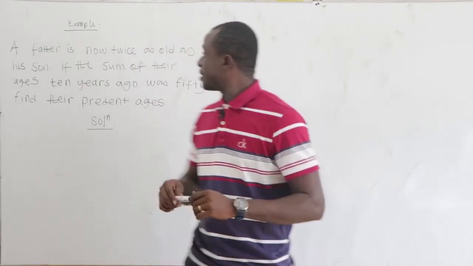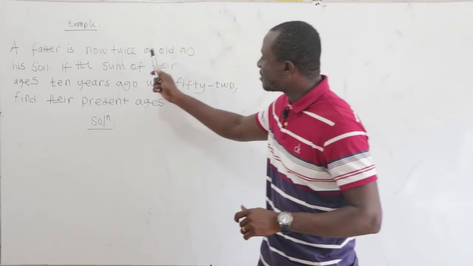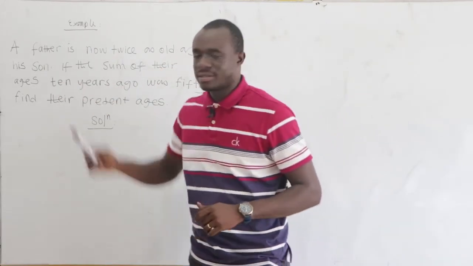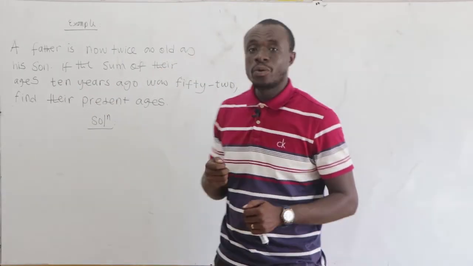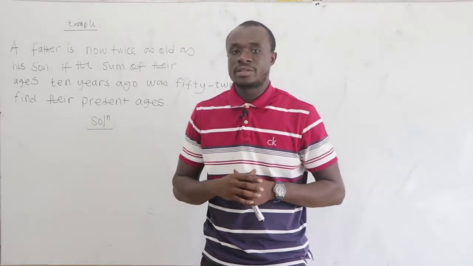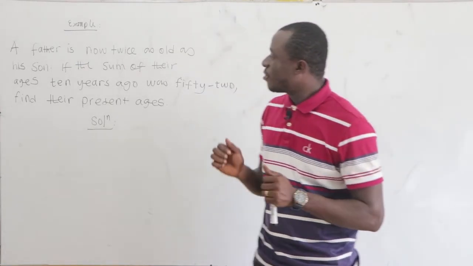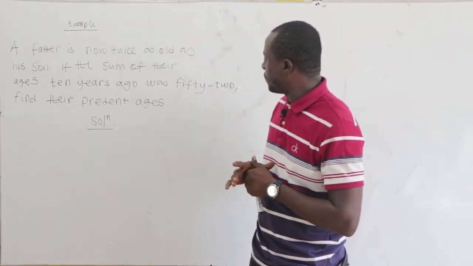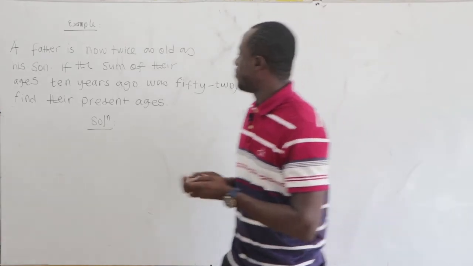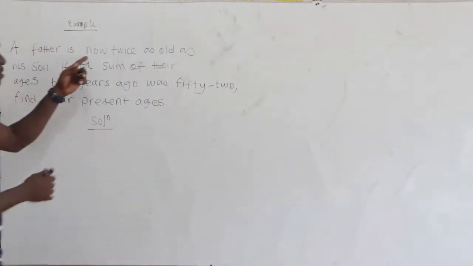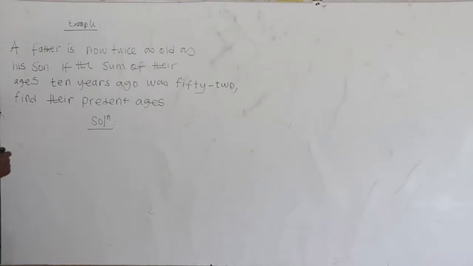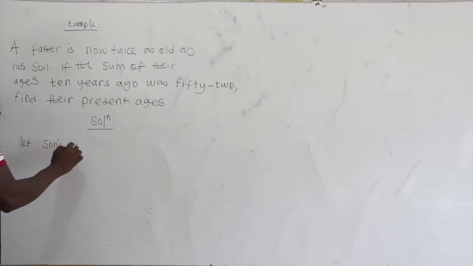Now let's consider this example. A father is now twice as old as his son. It means that if we know his son's age, we'll be able to know the father's age. If the sum of their ages 10 years ago was 52, we should find their present ages. So a father is now twice as old as his son. First we let the son's age be x.